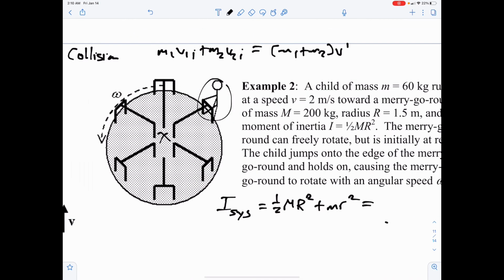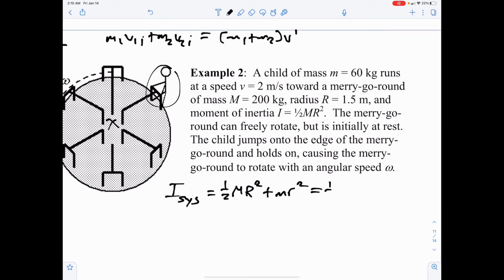Plugging in those numbers, we have 1/2 times big M, which was 200, times 1.5 squared, plus the child was 60 times 1.5 squared.